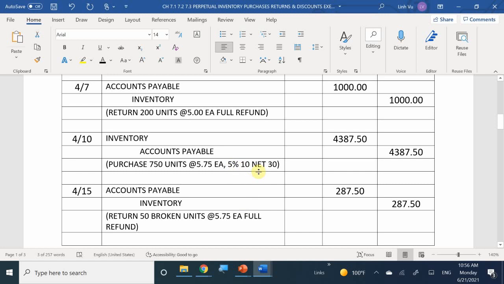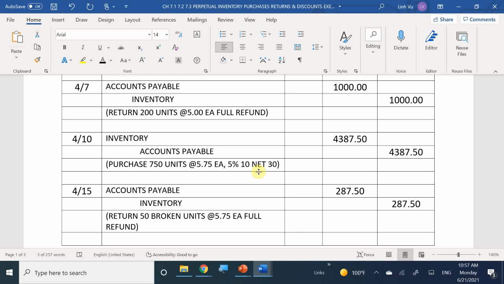So in this case, how much do I actually owe my vendor? $4,387.50 minus $287.50. So how much in grand total do I owe my vendor? $4,100.